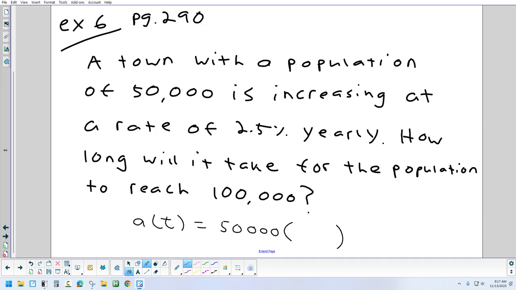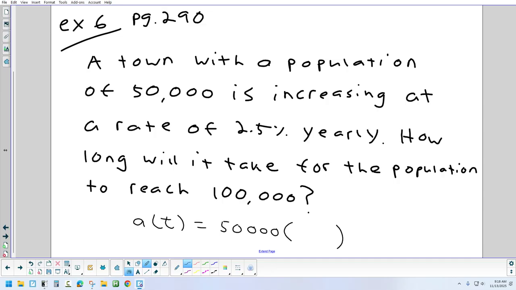But r, we have to make sure is a what? Yep, decimal. It's got to be a decimal. So what would we put inside the parentheses here if we now fill in the r value? What is 1 plus r in this case?